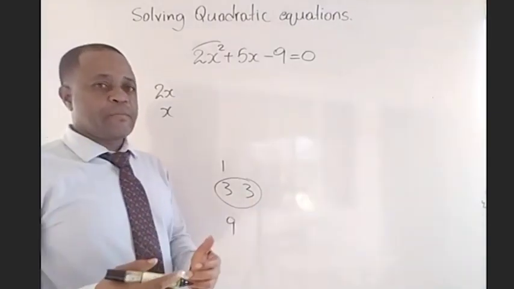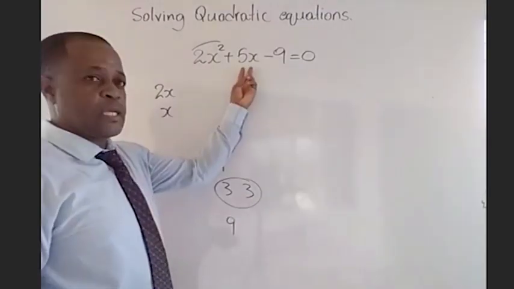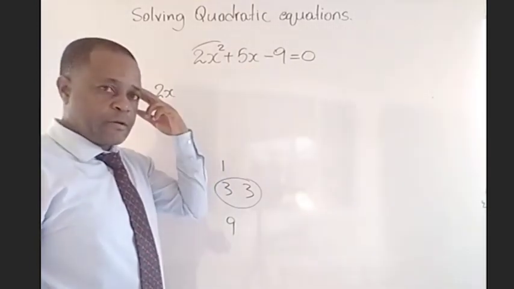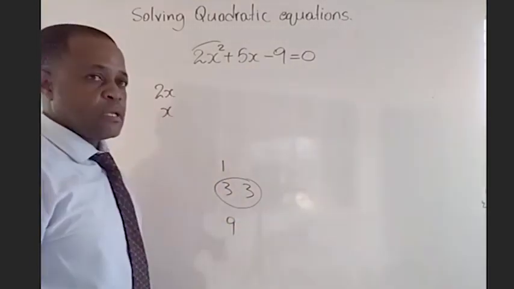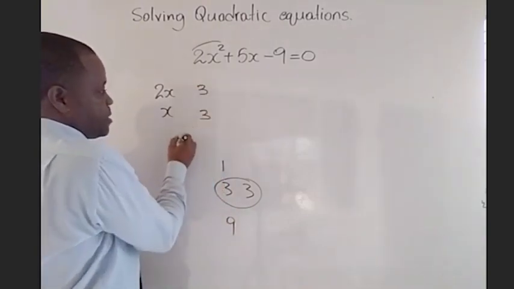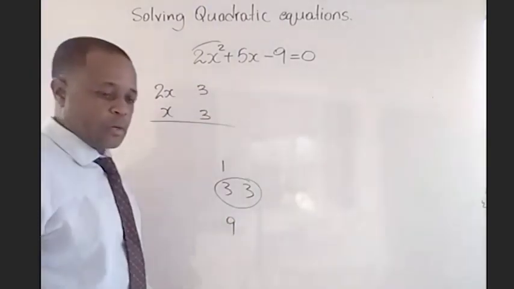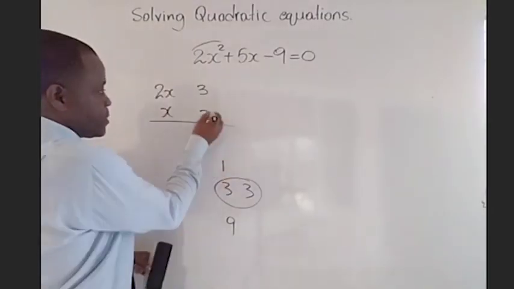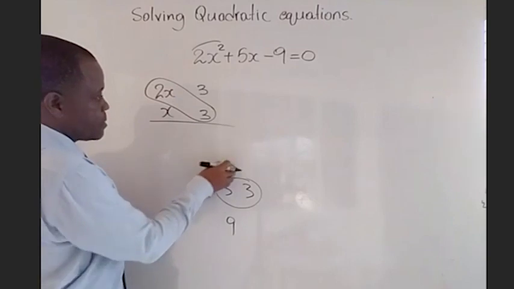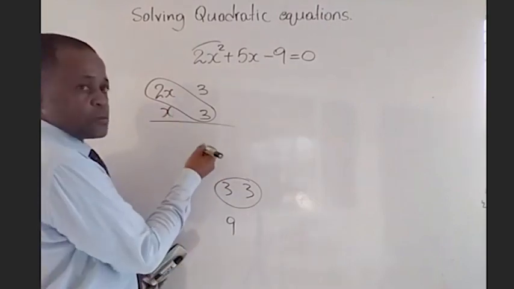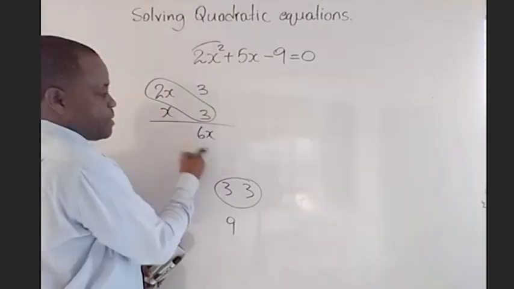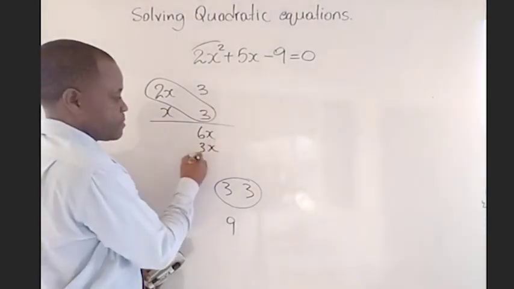But at the same time, we need to take this term into consideration. So let's try to use 3 and 3. So we put 3 here and 3 here. Thinking about our cross product, 3 twos will give me 6, so that will give me 6x. 3 times x will give me 3x.